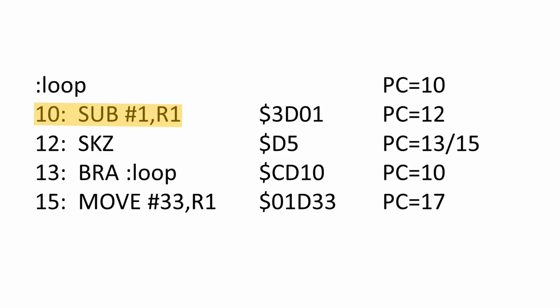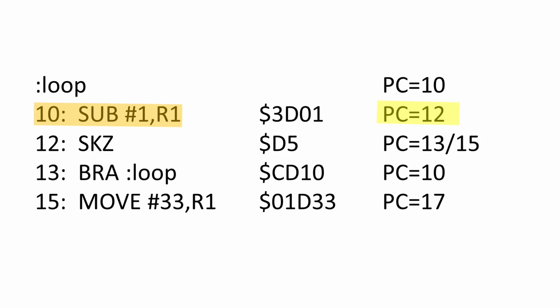But as we load the instruction in, which will be 3D and then the actual number 01 into the CPU, the program counter would have been incremented once from the instruction and again from the data, so the program counter would now be holding 12, which is the address of the next instruction. So sub 1 from R1 actually happens on T14.